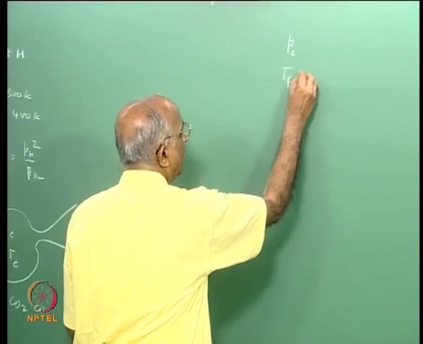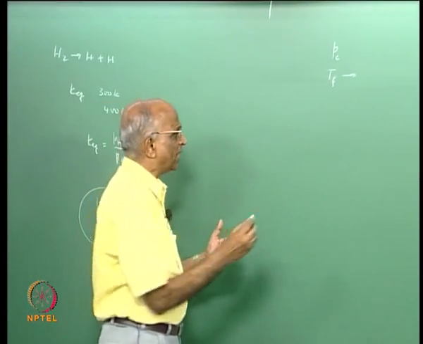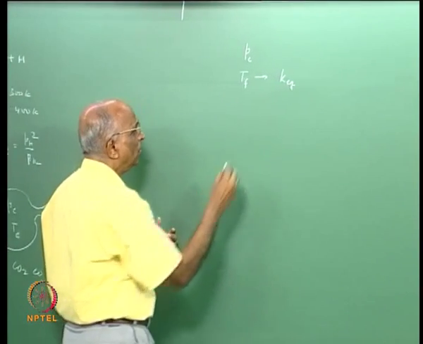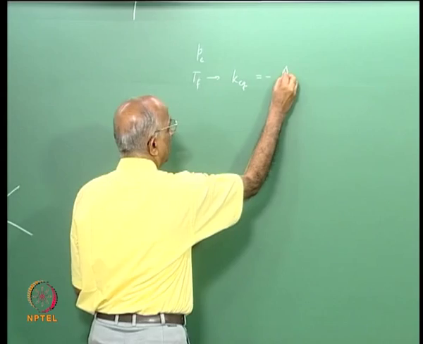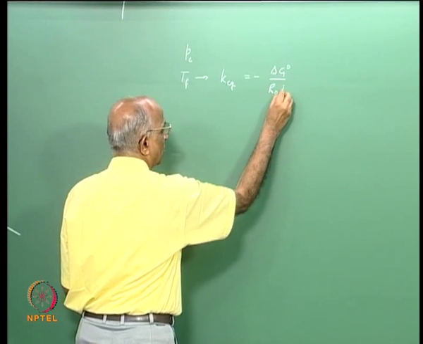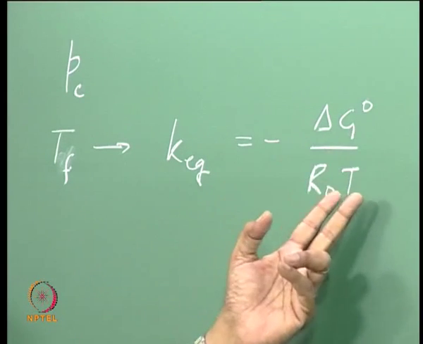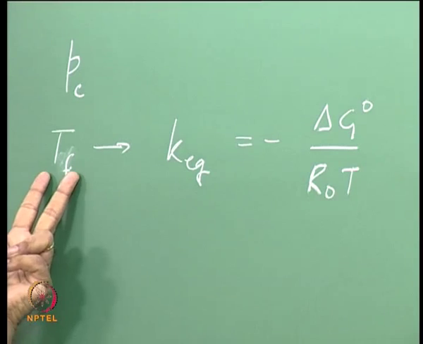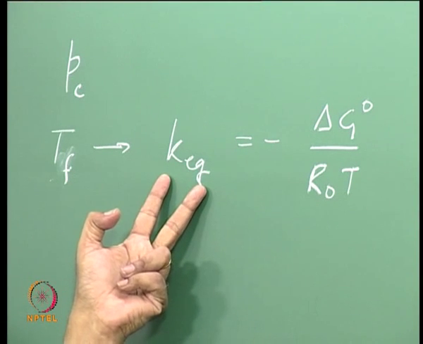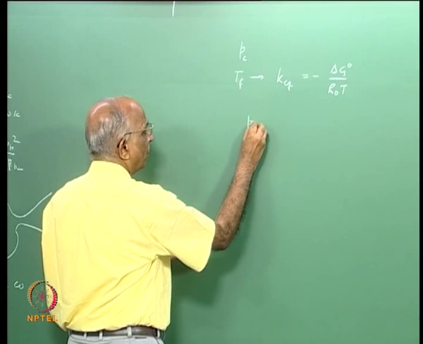Then for each of the species or combination of species, I put some chemical reactions and find the value of K equilibrium, which we said is equal to minus delta Gibbs free energy for the reaction divided by R naught, the universal gas constant, into the particular temperature. Gibbs free energy at the assumed temperature, the flame temperature, lets me calculate K equilibrium, and using this K equilibrium I can now calculate my products.